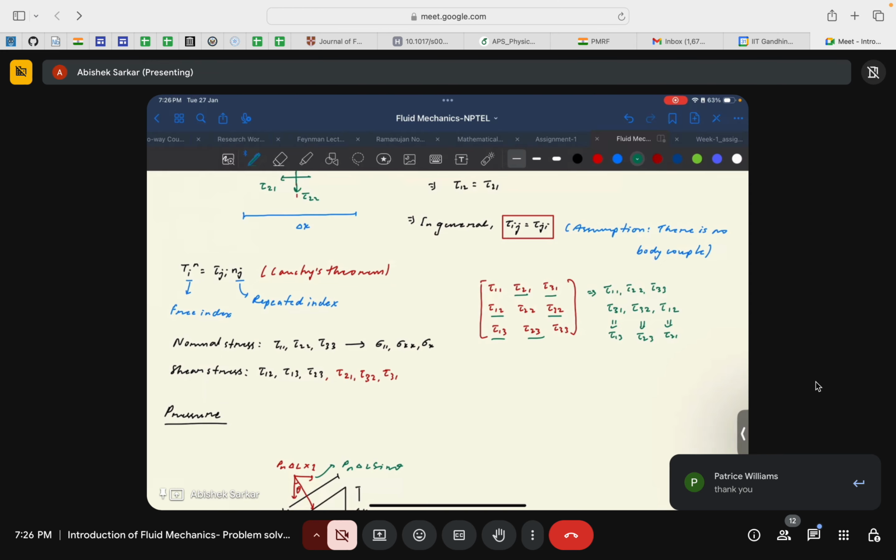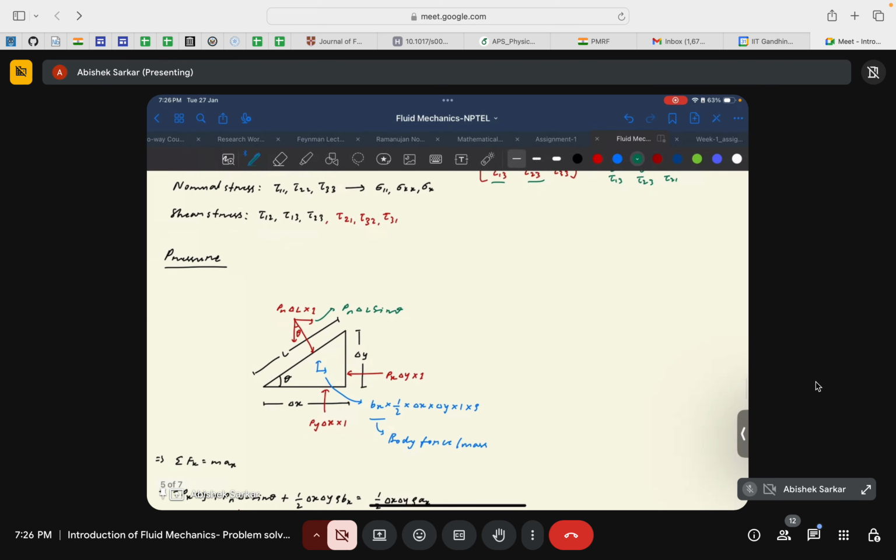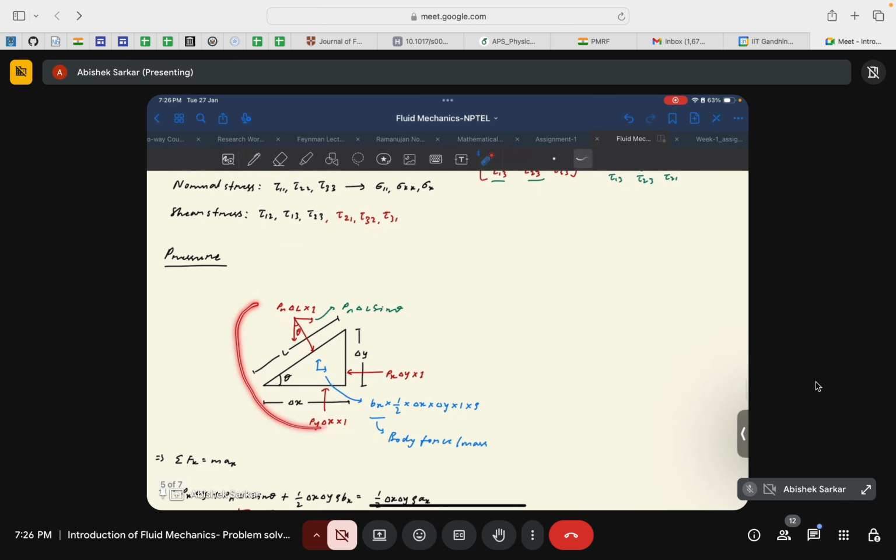So as I was mentioning, you might feel that for deriving pressure, basically Pascal's law, we are again using a very simple diagram. You might say that this may not be relevant to complicated scenarios.